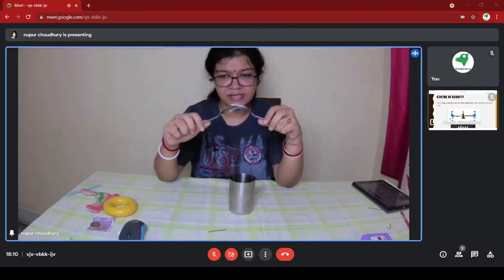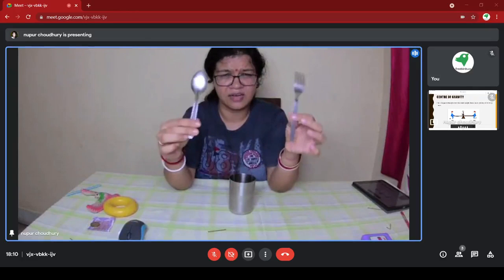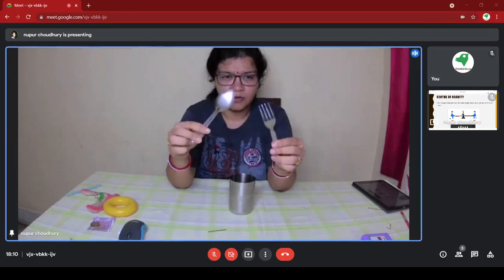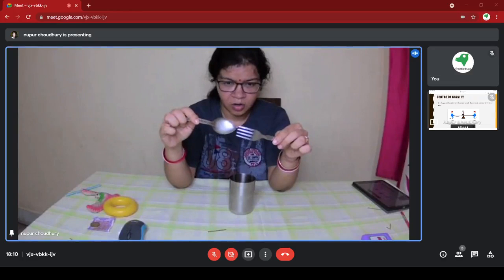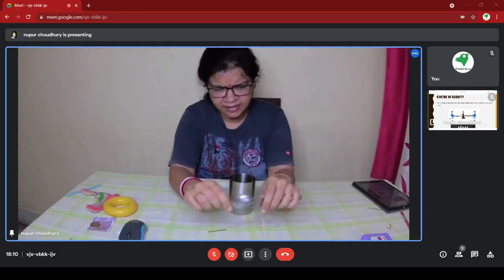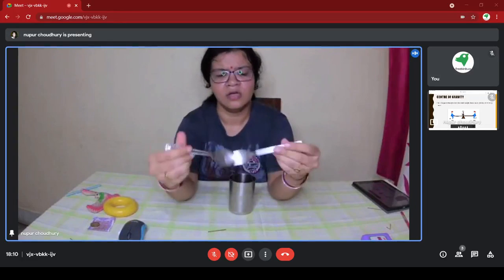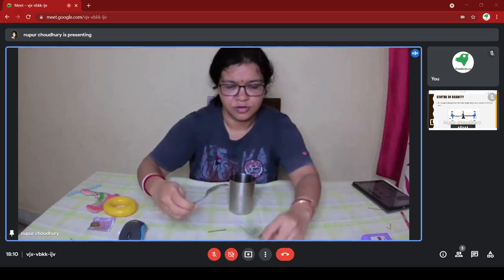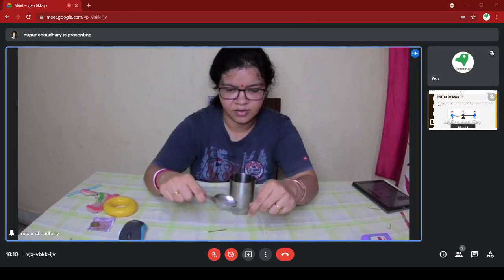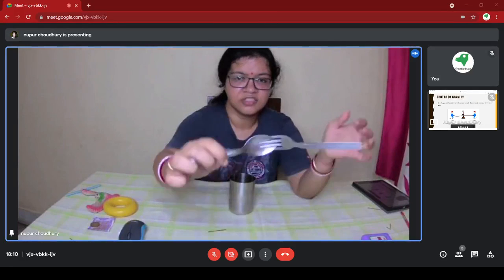So now, you see that I have a fork and a spoon, which is something readily available in our homes. Now I'll simply attach them to one another, just like this.